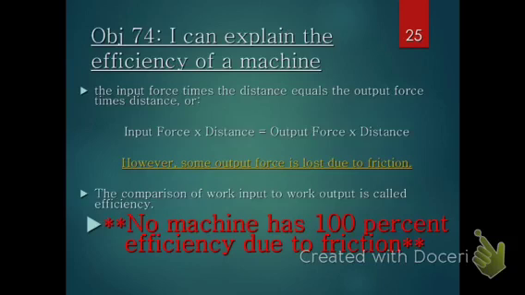No machine is 100% efficient, because a machine, as we know, consists of moving parts, and where things are in contact, there's friction. So you're always going to lose some force, right, to friction, right?